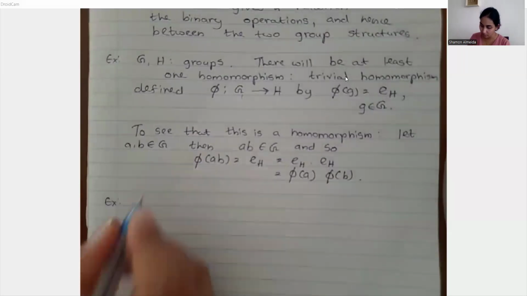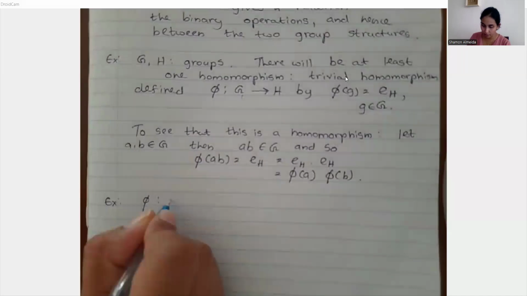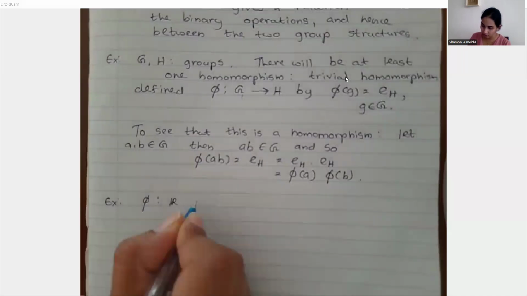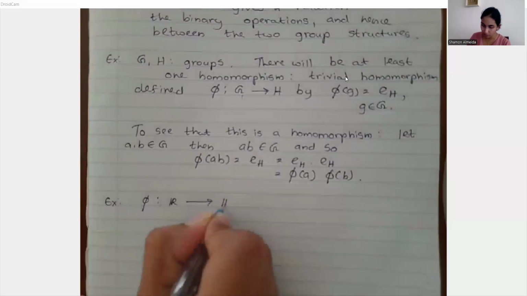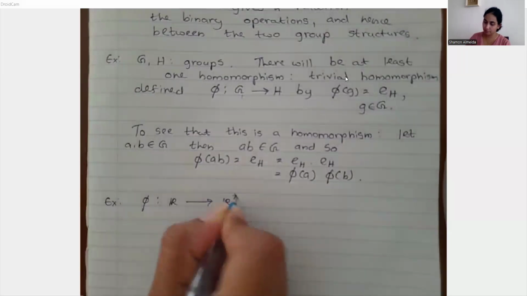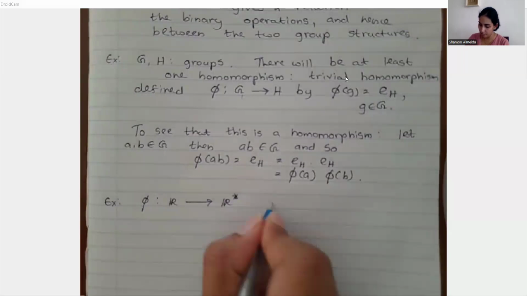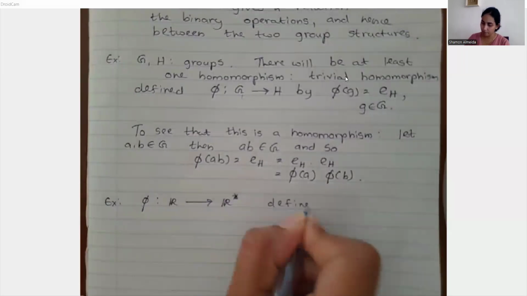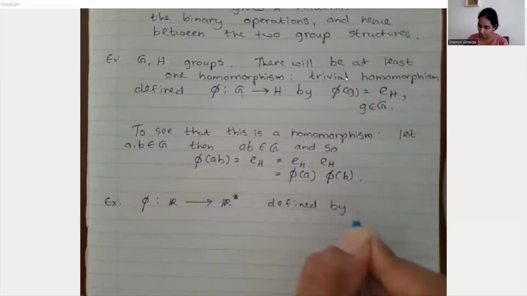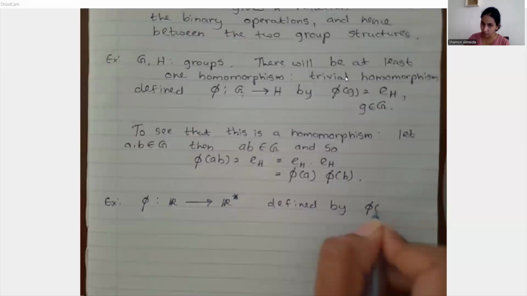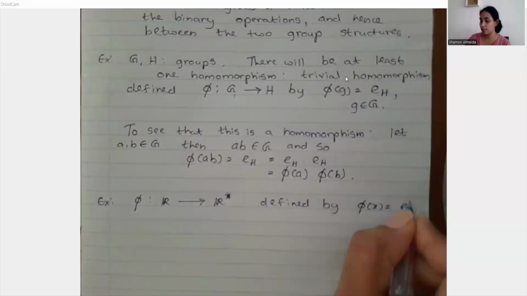Let's take phi to be from R to R star, defined by phi of x equals the exponential function.